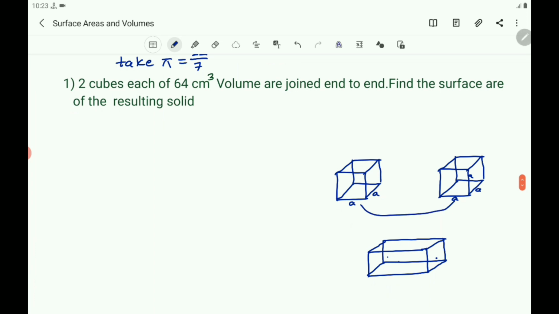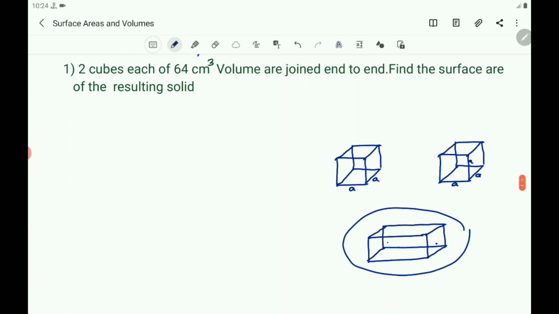If two cubes are joined end to end, you will get a solid of shape cuboid. And we have to find the surface area of the resulting solid, the surface area of the cuboid, which is formed by joining two cubes of volume 64 cm cube.